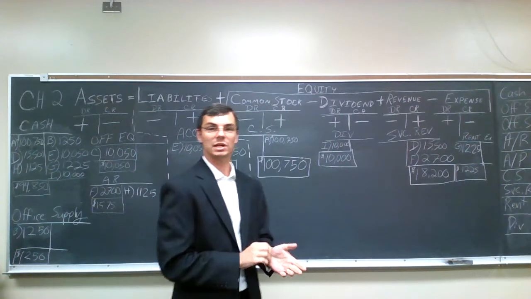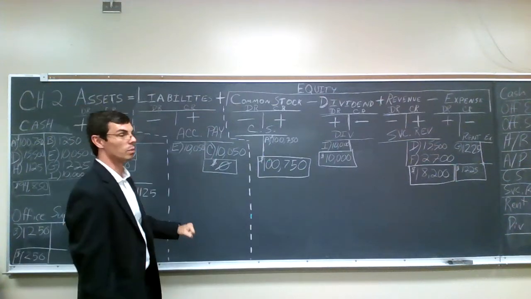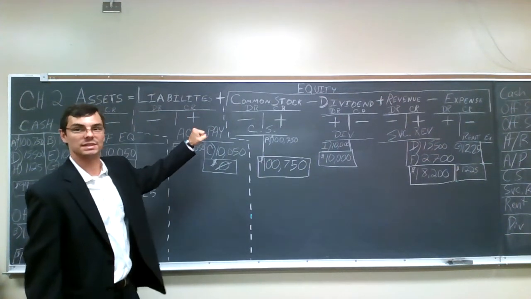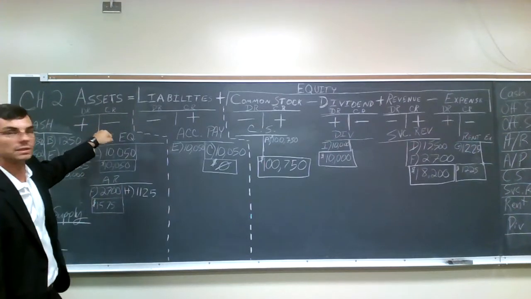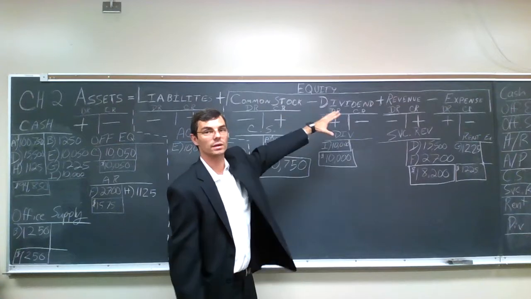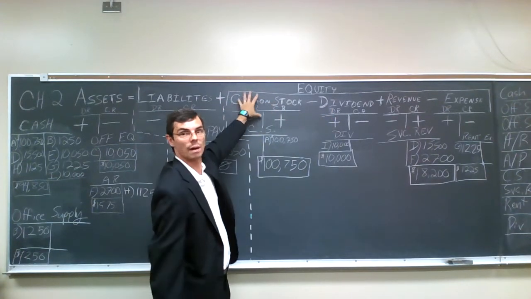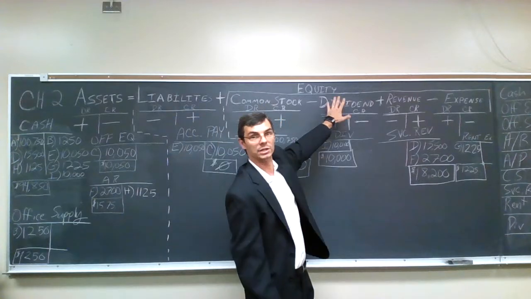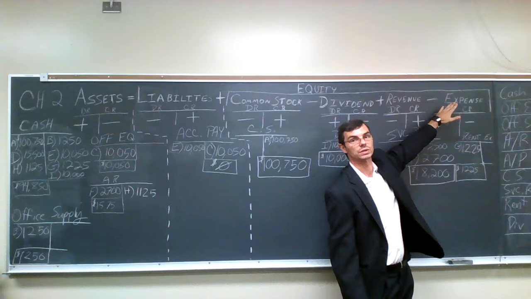While y'all are doing that, I'm going to tell you about the accounting equation some more and what we've got up here, because it's a little more complex than the other one. As you can see, assets are the same, but over here under equity we've got this additional part. And this is what equity is made up of. So your equity is your common stock minus your dividends plus your revenue minus your expenses.